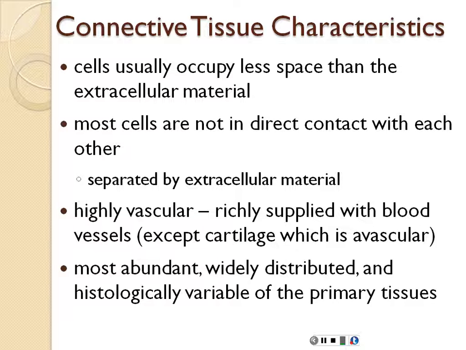So compared to epithelium, you have more connective tissue on more parts of the body. And if you think of it, our bones are connective tissue. Our fat tissue is a type of connective tissue. And even our skin, the dermis of the skin, is connective tissue.